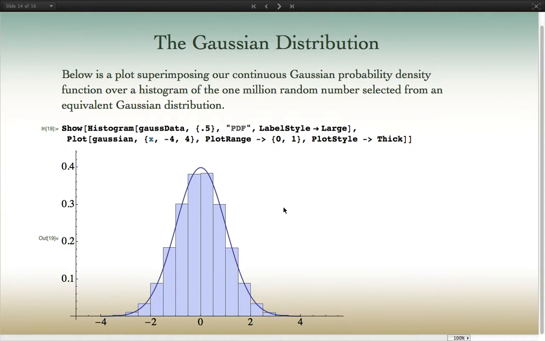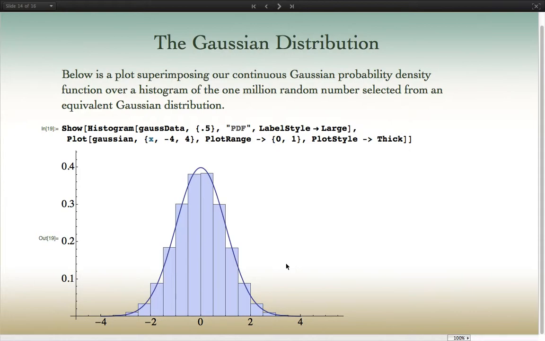I've set the bin width equal to 0.5 here. Now the next step: we're going to do a couple of operations using both our continuous Gaussian function and our discrete approximation. Essentially we're comparing two Gaussian distributions.